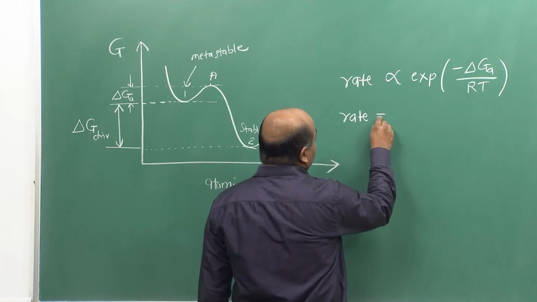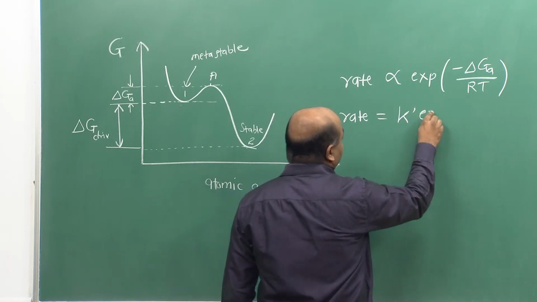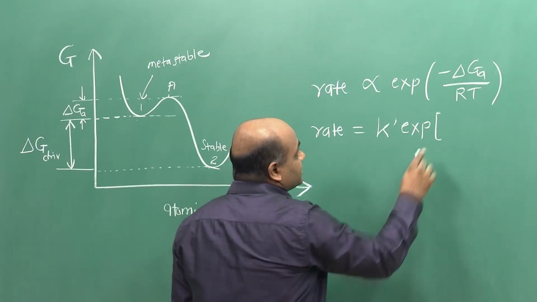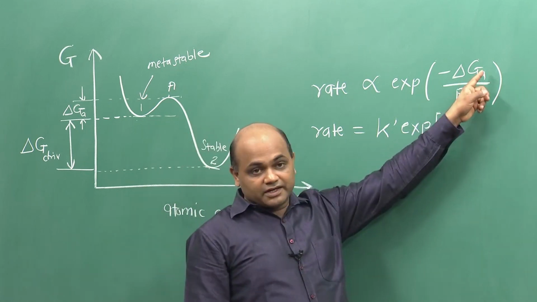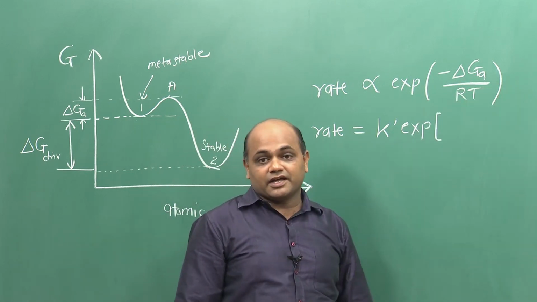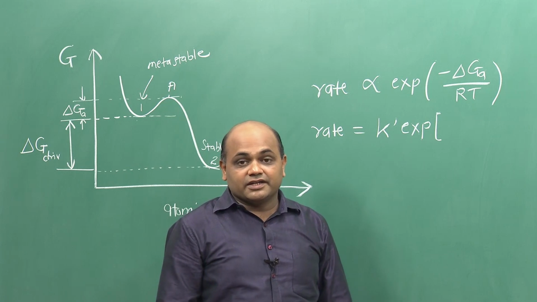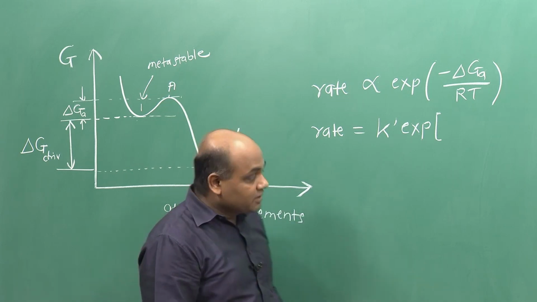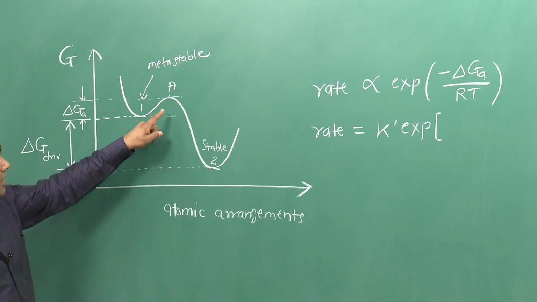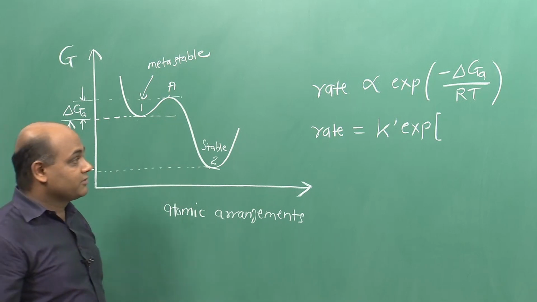Or we can write rate is equal to some constant k prime times exponential. Now, delta GA can be written as delta HA minus T delta SA, where delta HA is the enthalpy of activation and delta SA is the entropy of activation.